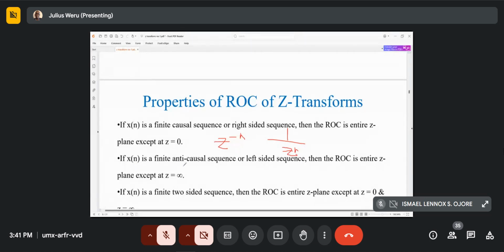If x[n] is a finite anti-causal sequence, a left-sided sequence, then the ROC is the entire plane except at z equal to infinity. It makes sense.